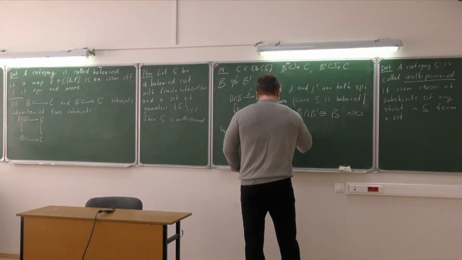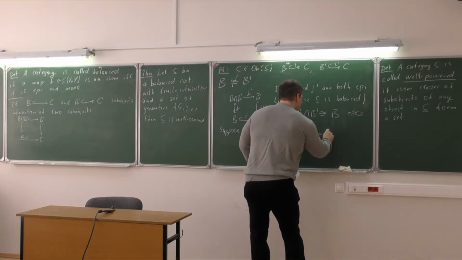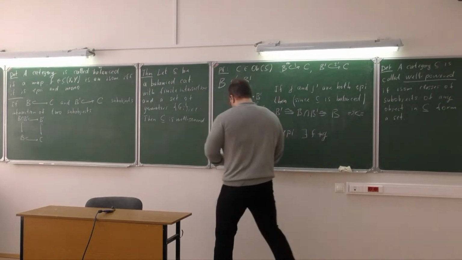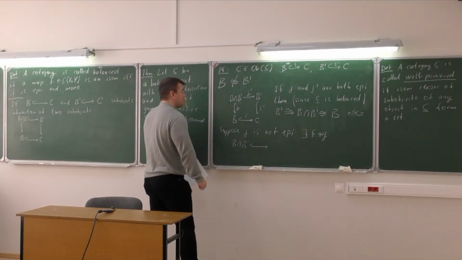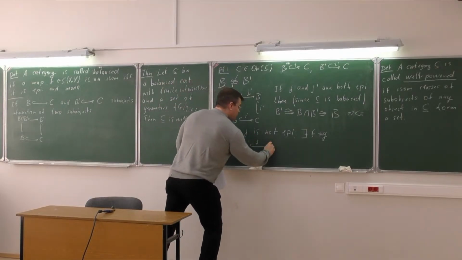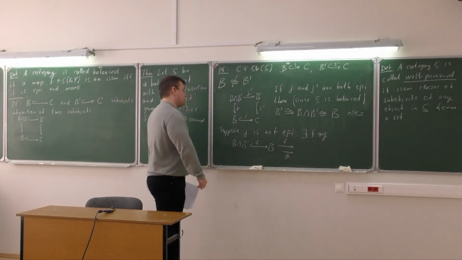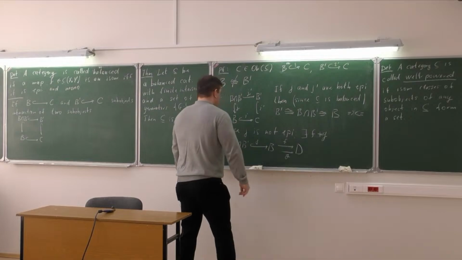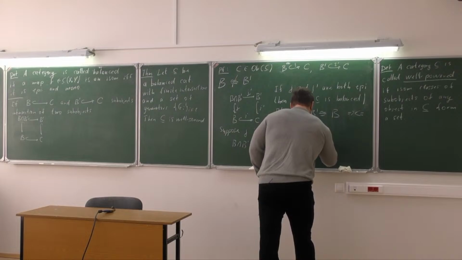It means that we can find two maps, F and G, which are two different maps, such that we can take the intersection, which is embedded with the map J into the object B, and then there are two different maps F and G to some other object that I'm going to call D, such that the compositions are the same. So F composition with J is the same as G composition with J.